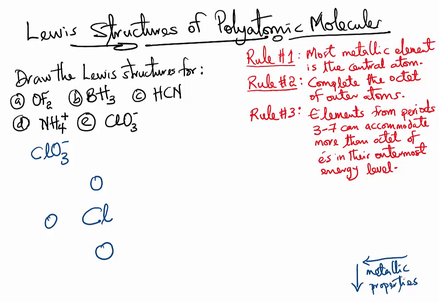We can place the 3 oxygen atoms anywhere we want. Let us now represent the valence of each atom. Oxygen is from group 6A. It will have 6 valence electrons in its outermost energy level. So each of the oxygen will have 6 valence electrons.